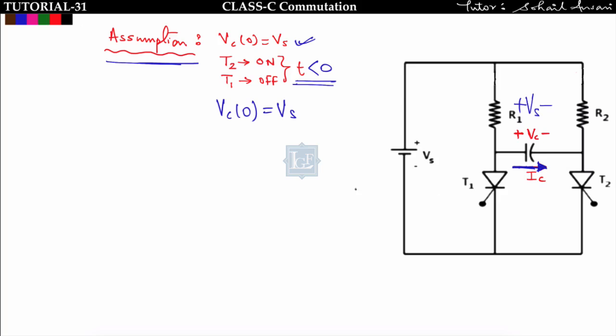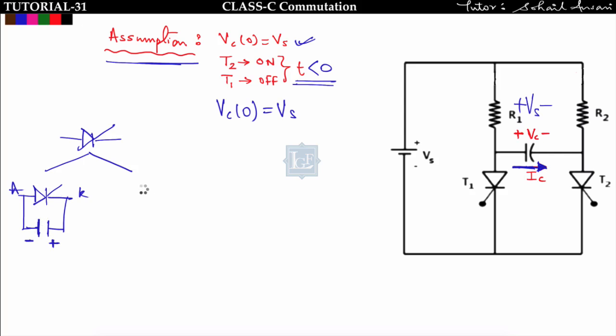So how will I turn off? I have already told you, to turn off the SCR there are two processes. First, make the voltage polarity across this SCR, by using the capacitor, such that it goes into the reverse blocking mode. This is anode and cathode. When the anode is connected to the negative polarity of the capacitor voltage and the cathode to the positive polarity, then this thyristor will be turned off.